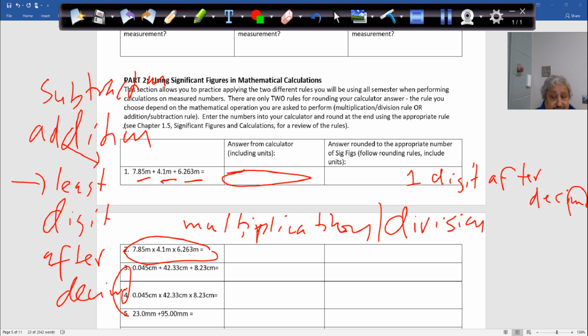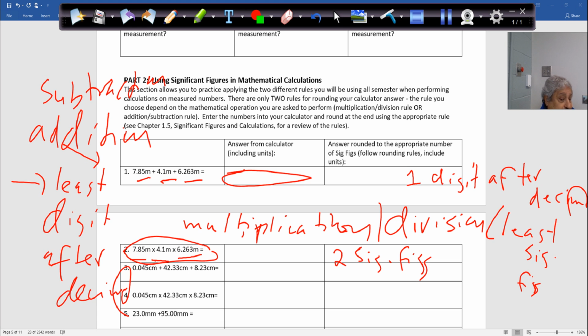Here it's the least significant figures. Here, least sig figs. So here is 4, here is 2, here is 3. So your answer has to have how many? 2 sig figs. Rounded to how many? 2 sig figs. That's the least significant figures.